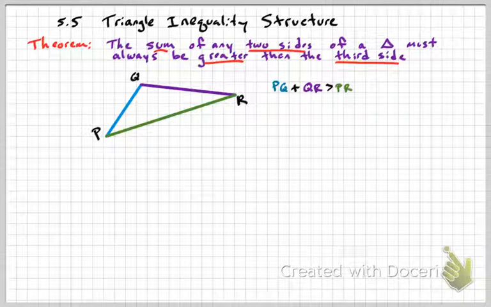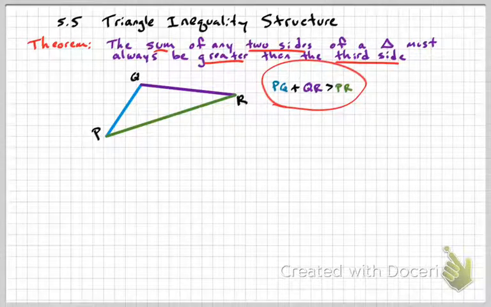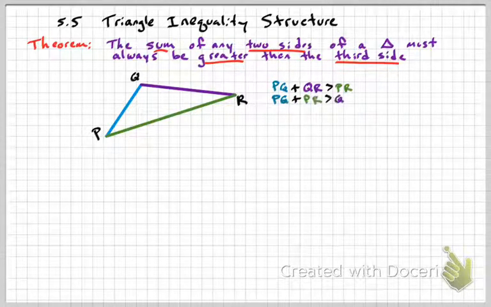Now, if there's three different sides, how many different ways can we organize or rearrange this equation right here, right? Because it has to be true for every different way we can do it. So another way is blue plus green has to be greater than purple.